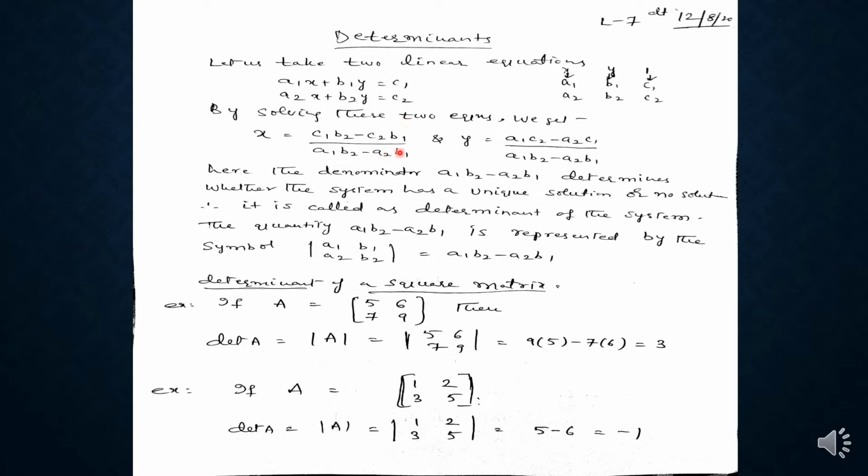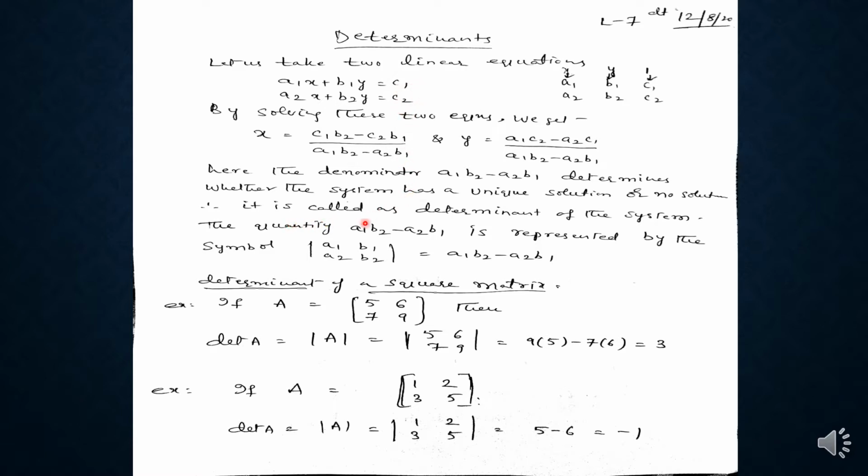If this is equal to 0, then there is no solution. So the denominator a1 b2 minus a2 b1 determines whether the system of equations has a unique solution or no solution. So the denominator determines the solution of the given linear equations.